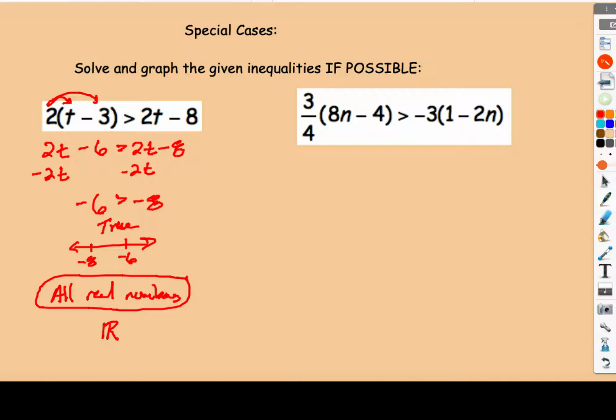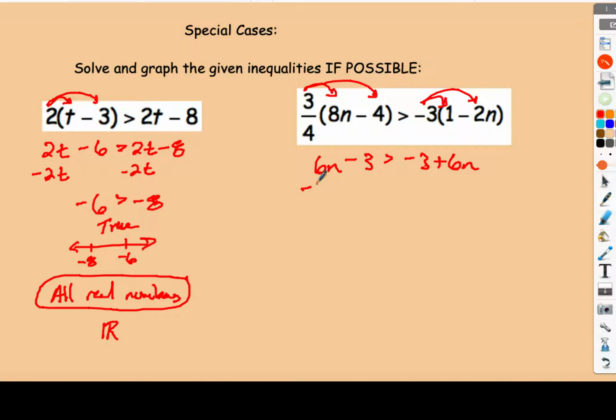All real numbers. Notice on the problem over here, let's go ahead and follow through on this one. I'm going to distribute. 3/4 of 8 is 6. And again, 3/4 of 4 would be 3. Still greater than. I'm also going to distribute on this side. This would be a -3 plus 6n.